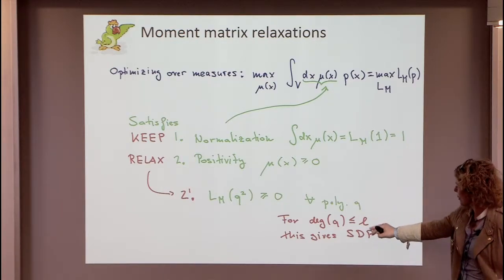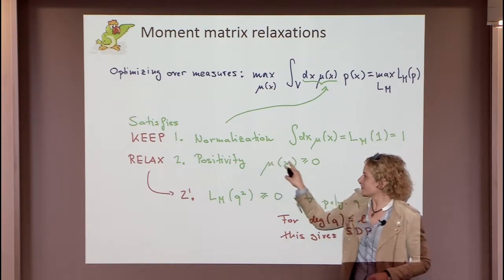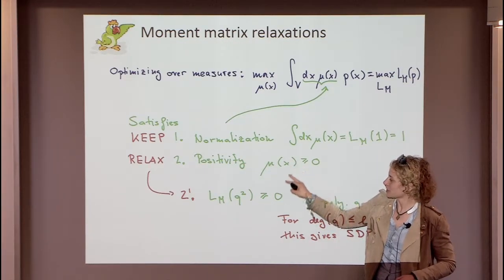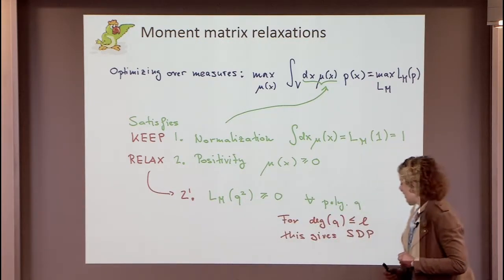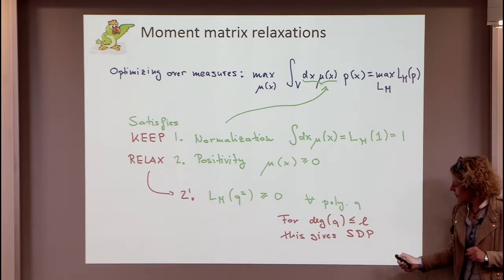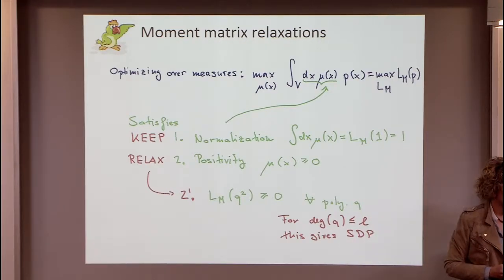The larger I make L, the closer and closer I get to this positivity constraint, because if positivity is true, then this is true for all degree polynomials, arbitrarily large L. So you can think of this L as telling us which level of the hierarchy we're at.